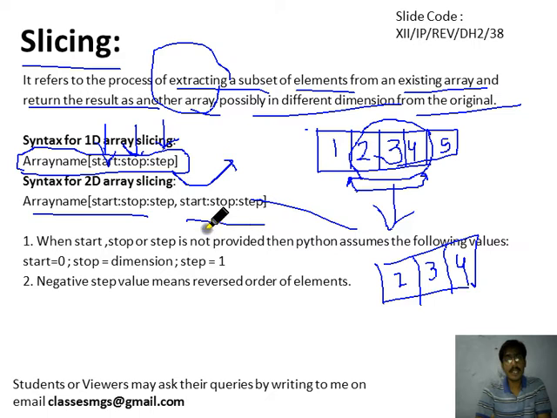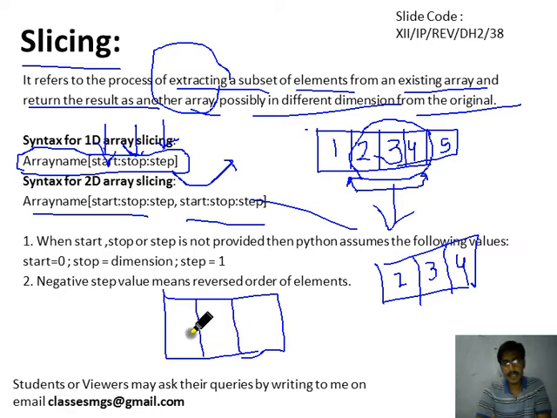Similarly, we can use array slicing for the two-dimensional NumPy array also. It will be very similar to the one-dimensional array. If you know one-dimensional NumPy array slicing, then it will be very easy to understand the two-dimensional one. Let's suppose the two-dimensional NumPy array has 1, 2, 3, 4, 5, 6, 7, 8 and 9.